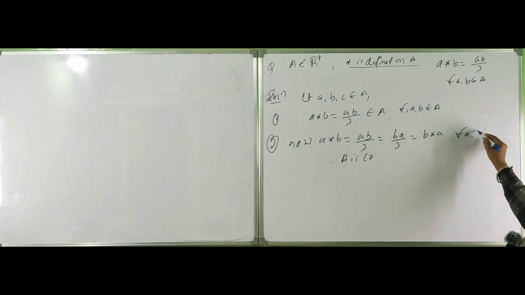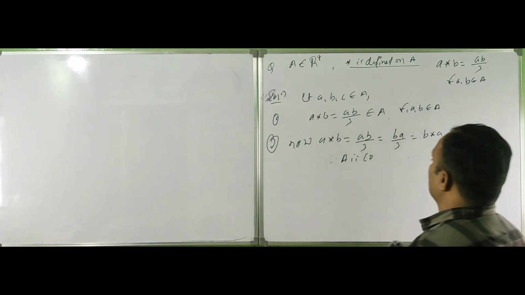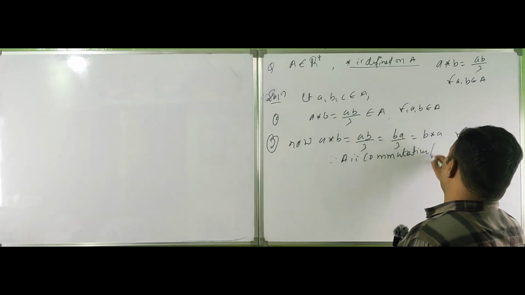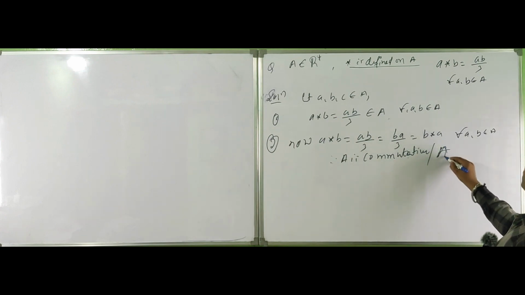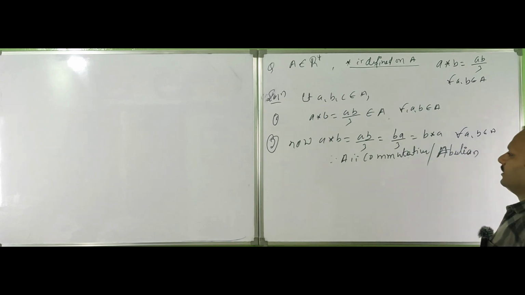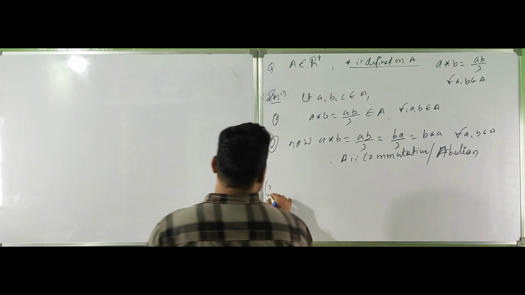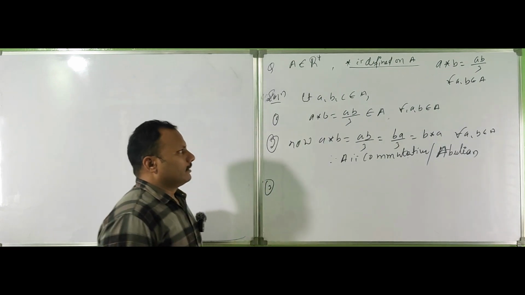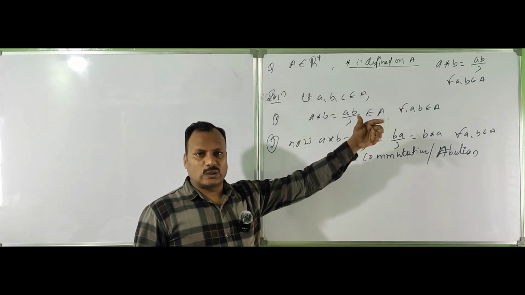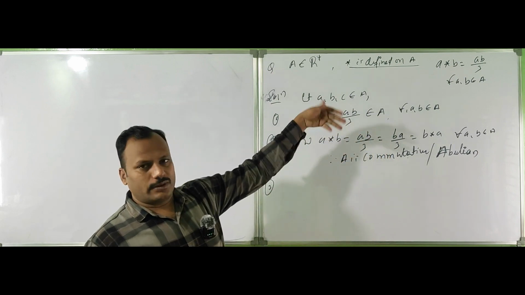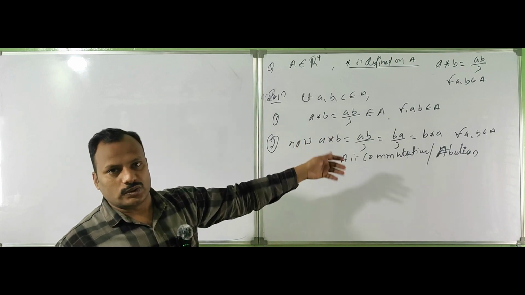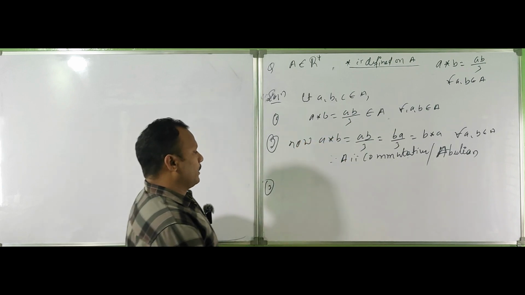It is not necessary to say for A, B belongs to A, but follow the book. Up to this is called closed, internal or closed. Since group theory is not studied, you need not mention the laws like closure law, internal element, like that. Third one is associative.